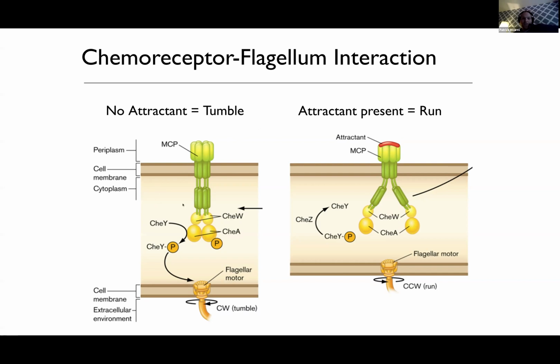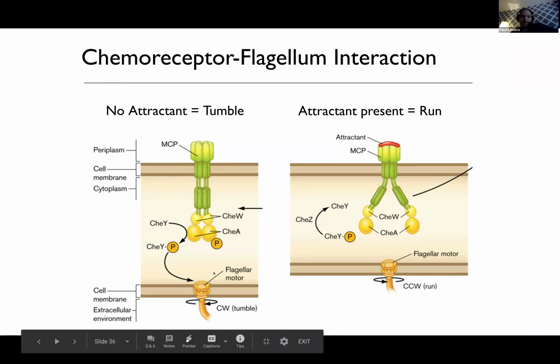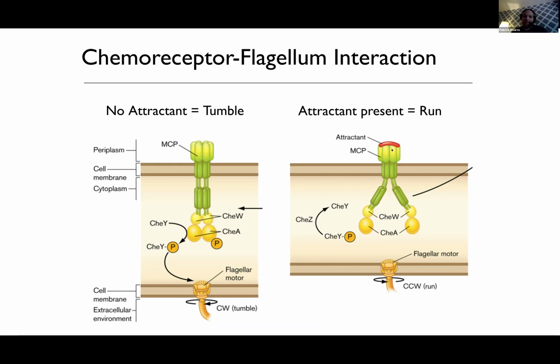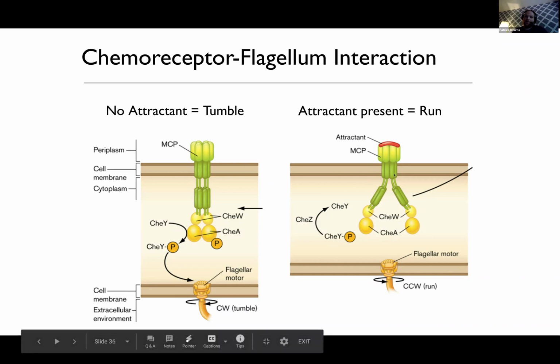We have this whole protein complex, and when the attractant is not present, CheY is phosphorylated. Once it's phosphorylated by this protein complex, it causes a conformational change in the flagella protein to cause it to essentially spin clockwise. That's in direct opposite to an attractant present. The attractant is bound to this protein complex, and it causes CheY to be dephosphorylated, which causes a conformational change in this protein complex here, which causes the flagella to spin counterclockwise, causing a run.